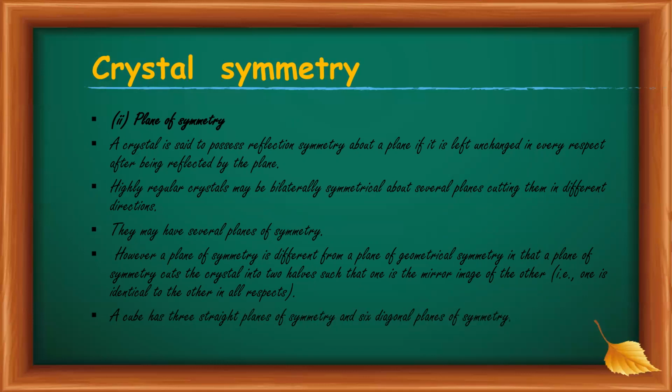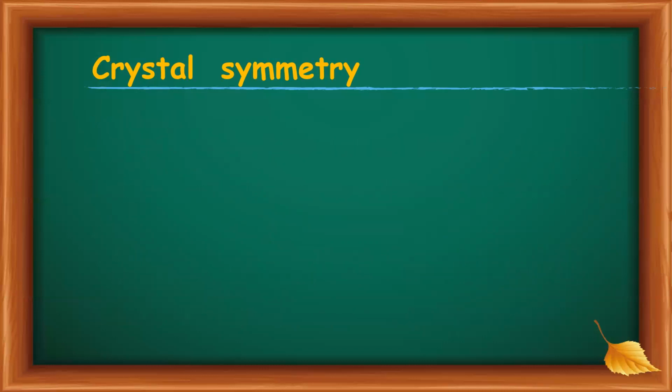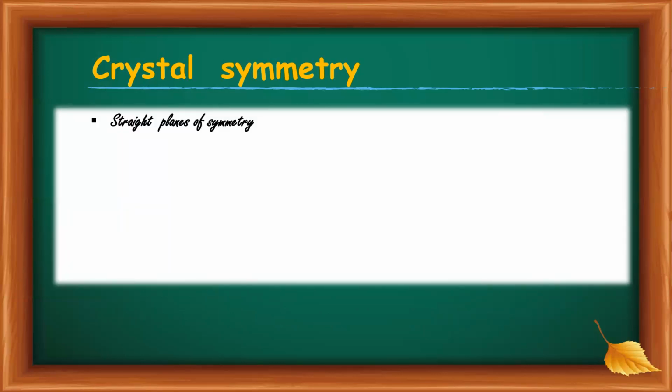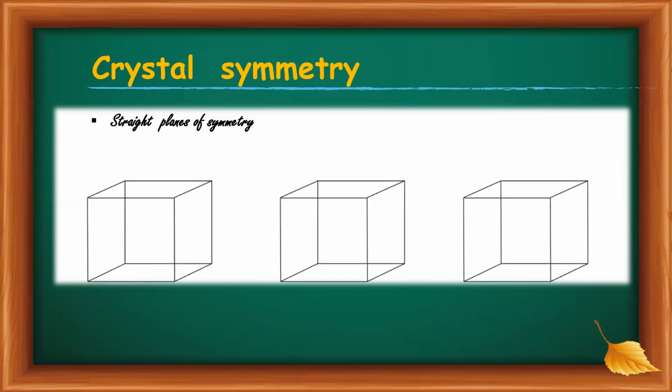A cube has three straight planes of symmetry and six diagonal planes of symmetry. First we see the straight planes. These are the three straight planes of symmetry.